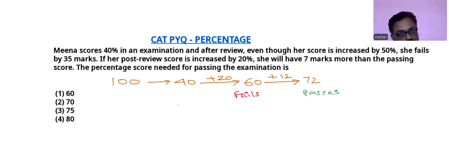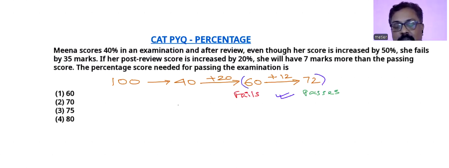So what idea are we getting here? That 60% of the total marks is less than the pass marks, but 72% of the total marks is more than the pass marks. So the pass marks will lie somewhere in between 60 and 72.